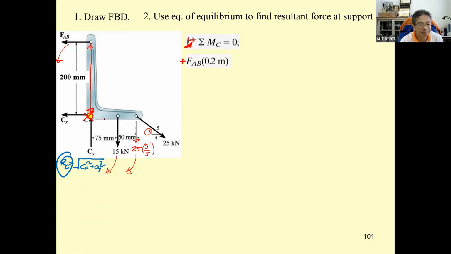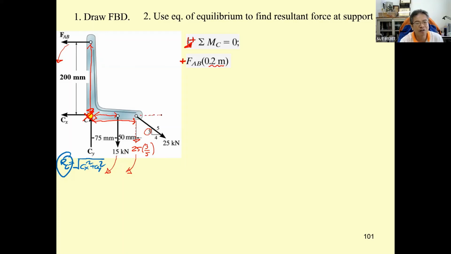Okay, and this one 15 times 75 millimeter. If you prefer, you have to change it into millimeter. That is going to produce the negative moment. This one 25 times 3/5 times this length is going to produce the negative moment.